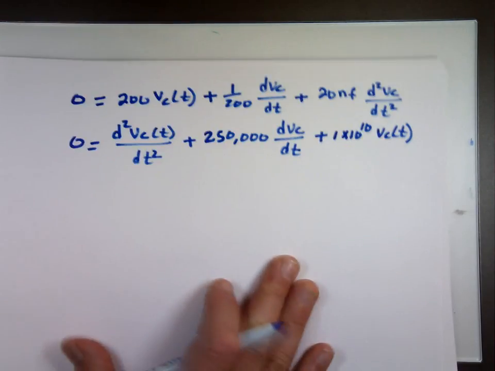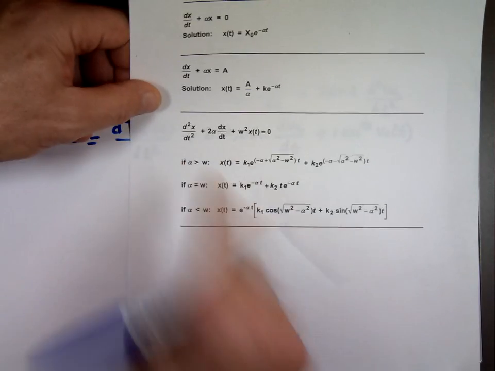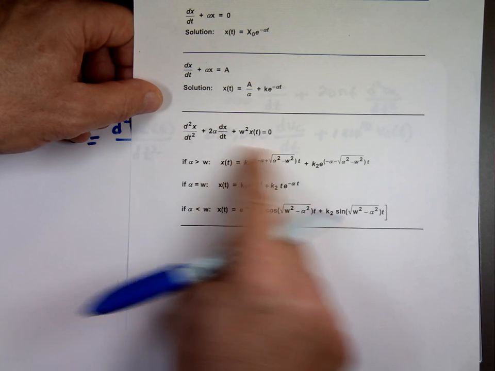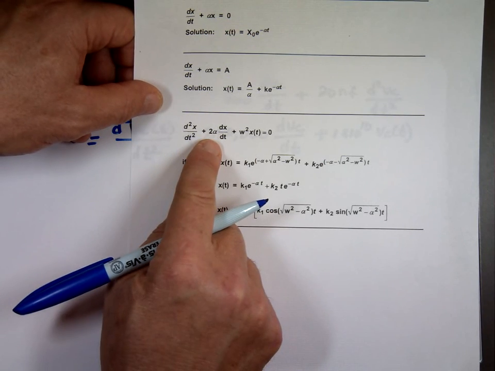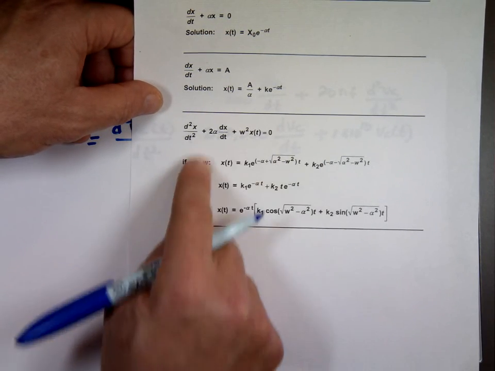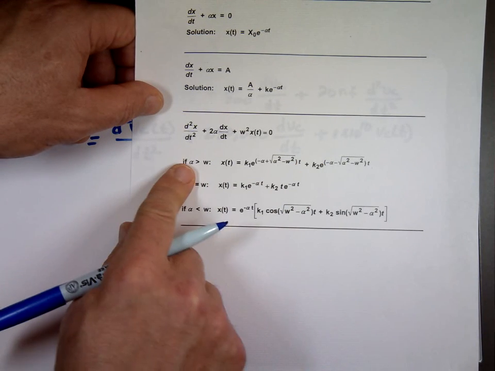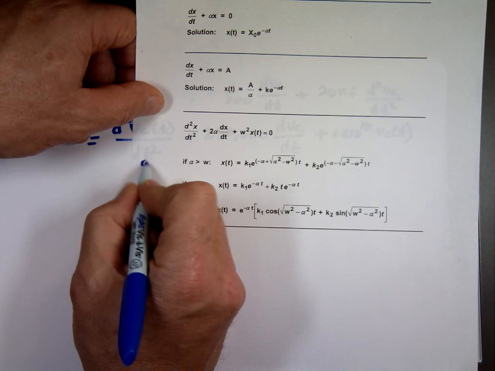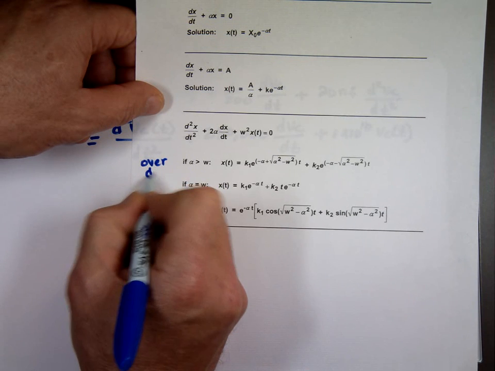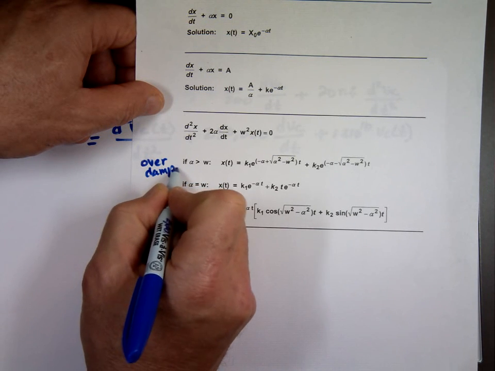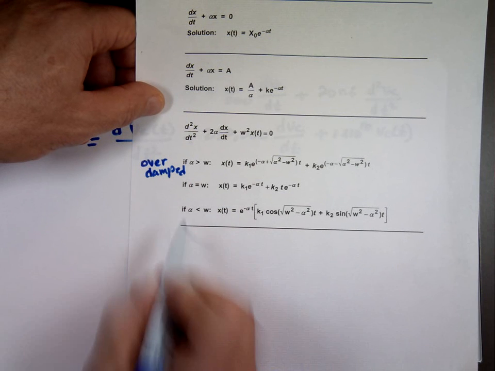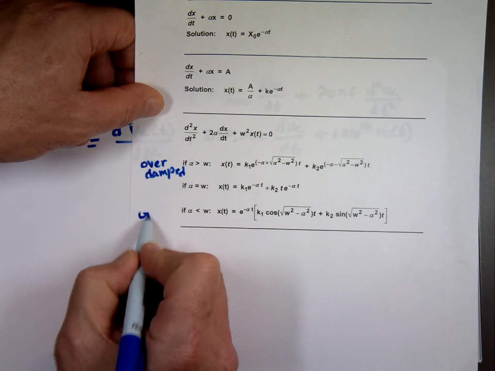Here's the format. If you have a second order differential equation that looks like this, figure out what alpha and W is, and based on that you can decide what the solution is. When alpha is bigger than W, that's called overdamped. When alpha is less than W, that's called underdamped.